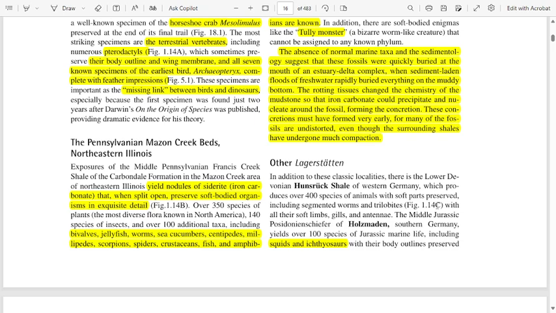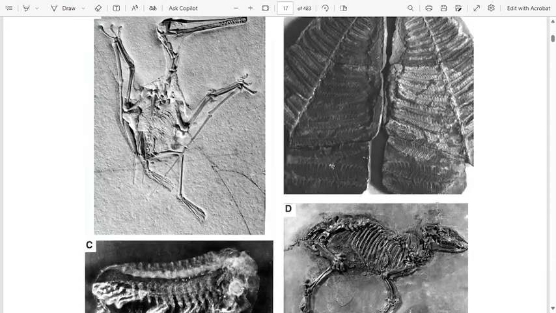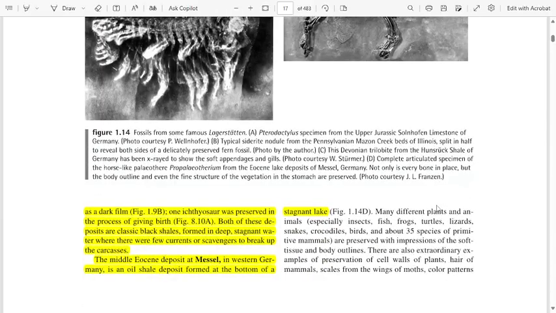The Middle Jurassic Posidonian Shale of Holzmaden, southern Germany, yields over 100 species of Jurassic marine life, including squids and ichthyosaurs, with their body outlines preserved as a dark film. One ichthyosaur was preserved in the process of giving birth. Both of these deposits are classic black shales formed in deep, stagnant water where there were few currents or scavengers to break up the carcasses.